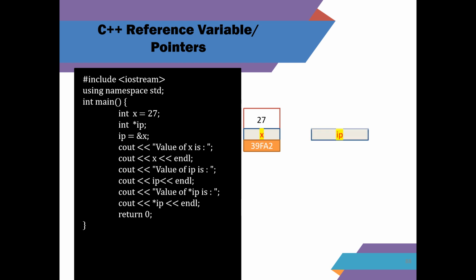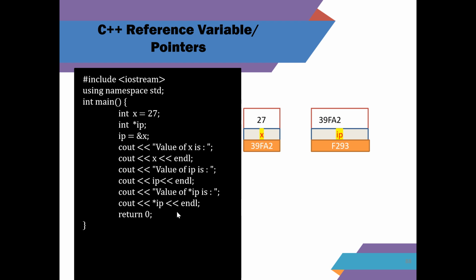We also have another variable named ip, and this ip holds the address of the 27, which is 39FA2. This is the value of the ip variable, and ip will also have its own address, that is F293.